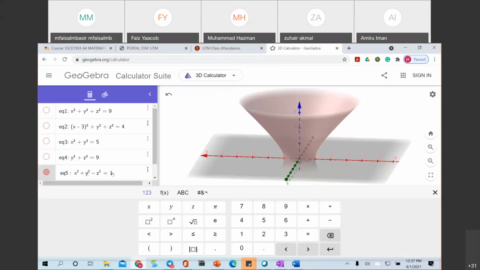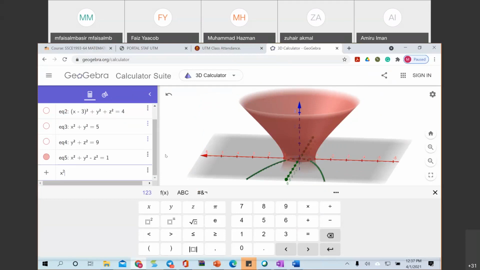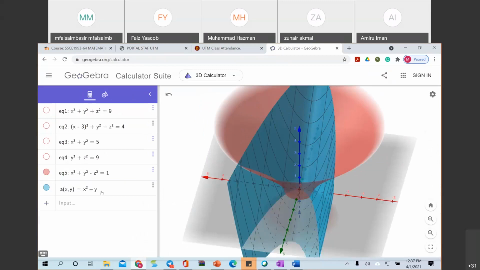If I say that I add here x squared minus y squared plus z squared equals 1.